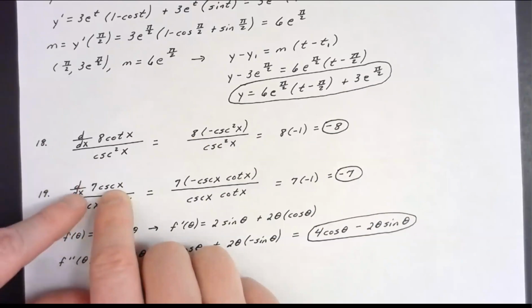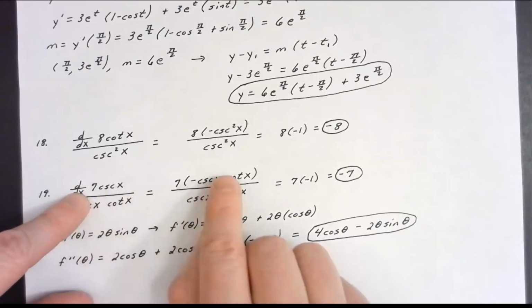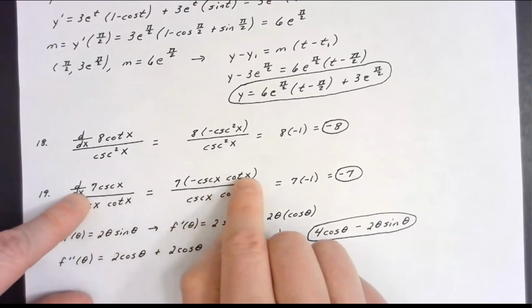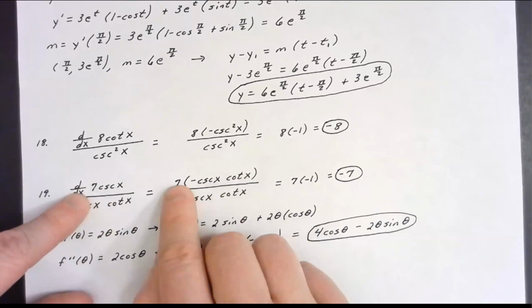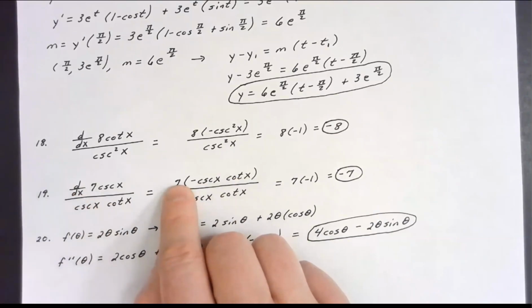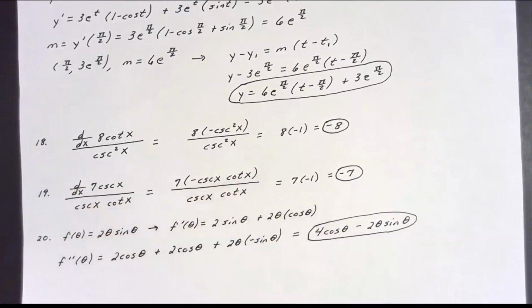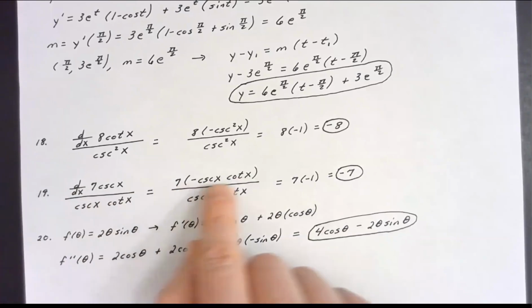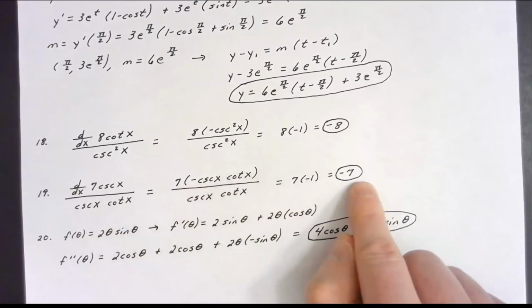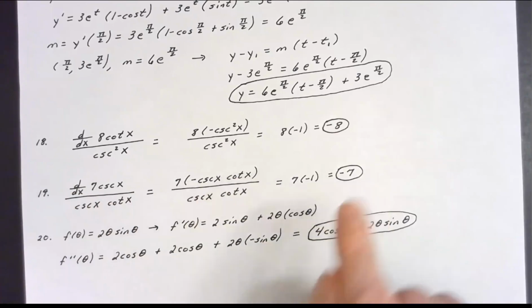So the derivative with respect to x of cosecant x is negative cosecant x cotangent x. The constant just stays along with it. And then when I simplify that with the denominator, the factor of cosecant and cotangent would cancel. You'd be left with 7 times negative 1 for your final answer of negative 7.